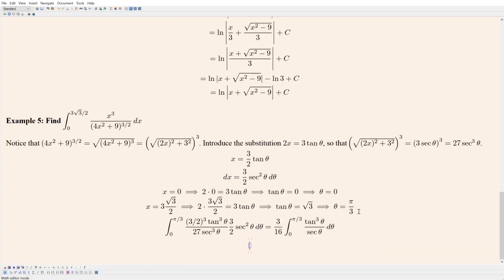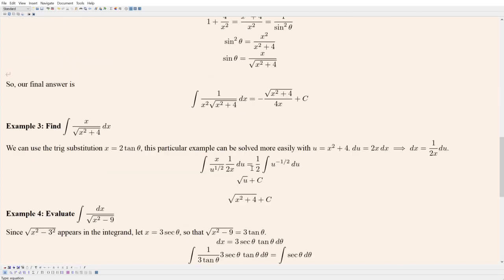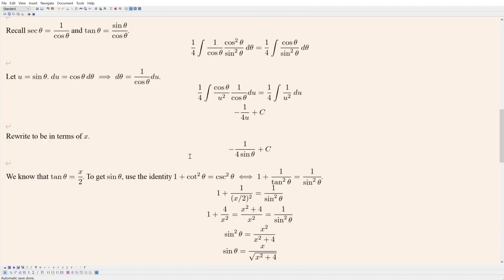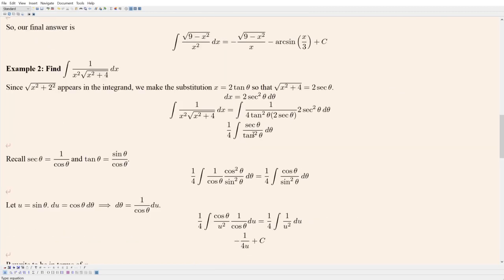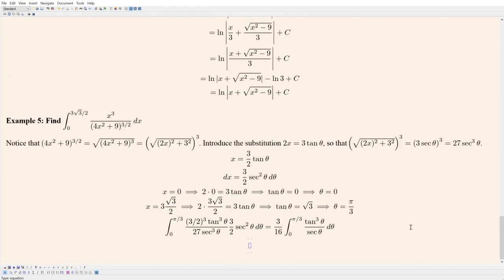Okie dokie. So now we are sort of in a similar situation to where we were over here, where, well, I don't really know what to do with these secants and these tangents, but at the very least I know I can convert these into sines and cosines. So let's just do that and see what happens.